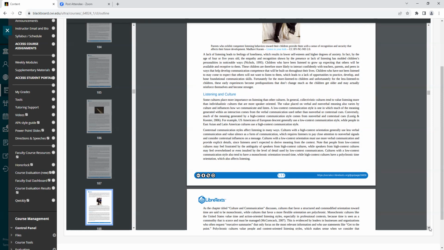Children who have been listened to growing up expect that others will be available and receptive to them. These children are therefore more likely to interact confidently with teachers, parents, and peers in ways that help develop communication competence that will be built on throughout their lives.